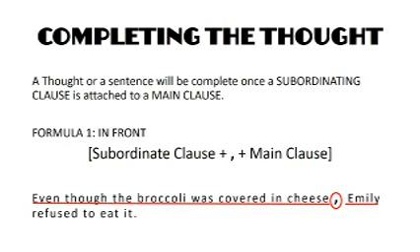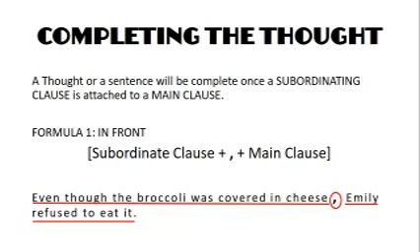Now let's try to identify. Even though the broccoli was covered in cheese is the subordinate clause because of the subordinating conjunction even though, plus a punctuation, which is a comma, plus the main clause, which is Emily refused to eat it, Emily being the subject and refused being the verb.